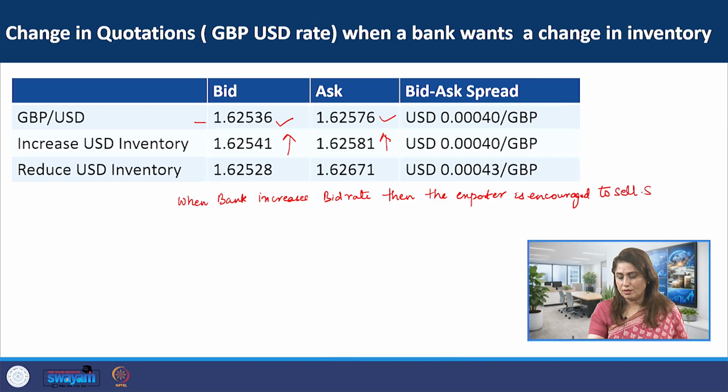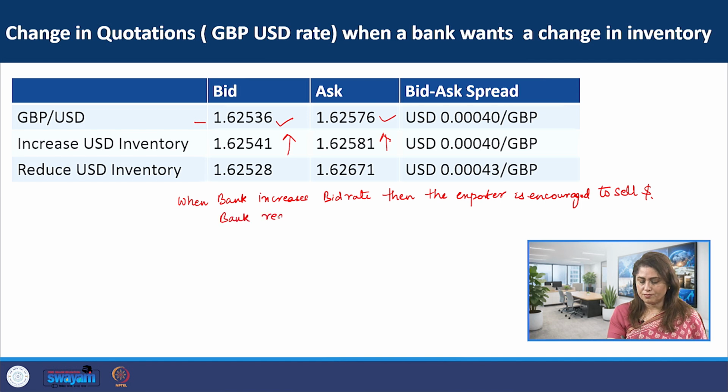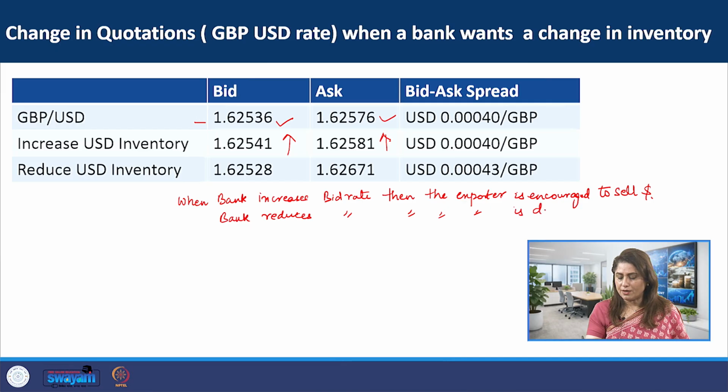Sell what? Dollars. But when the bank reduces the bid rate, then the exporter is discouraged to sell. Similarly, the reverse is the case for the importer.